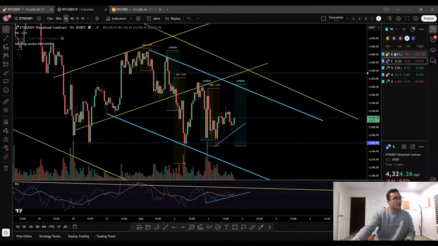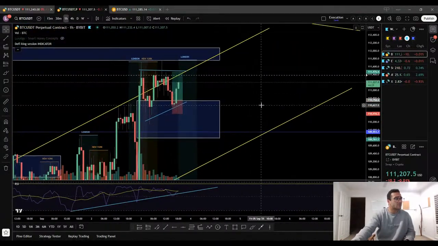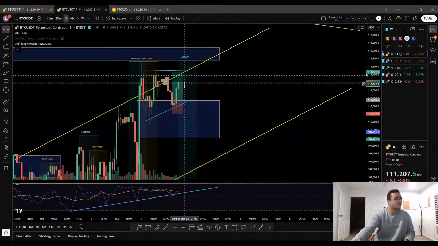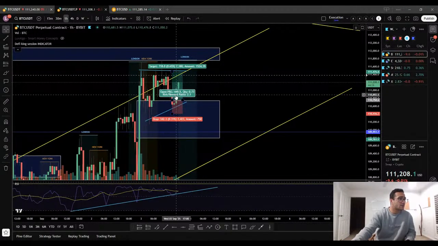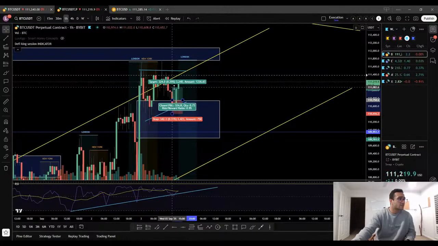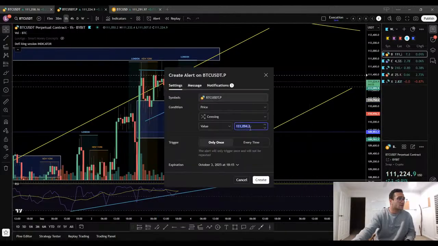Yeah, look, Ethereum's pumping. That means Bitcoin is still going too. So this could extend. When it hits this here, I'm then going to bring it to here.